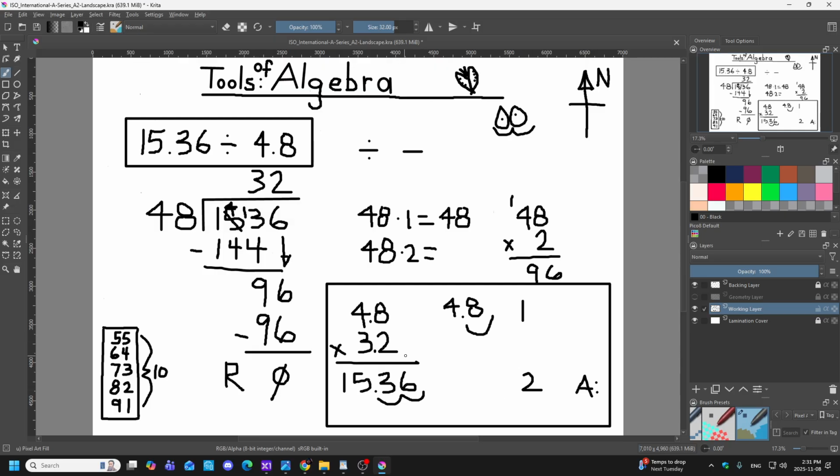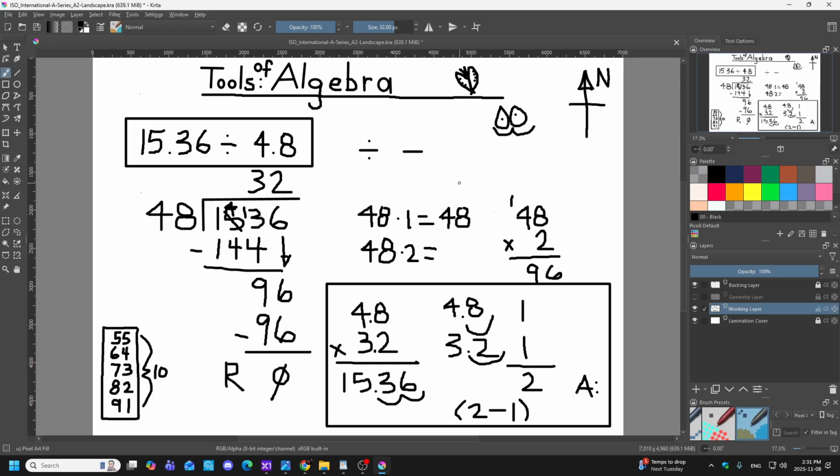So, to figure out where the decimal is on 3.2, it is 2 take away 1, which is 1 jump. There's where our decimal belongs.